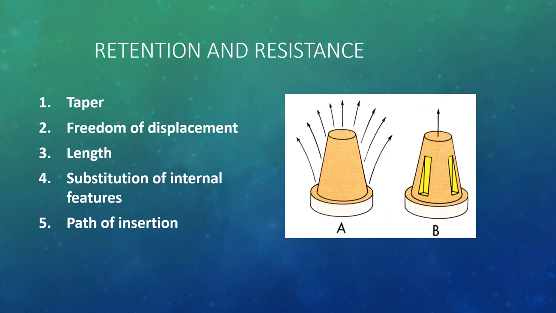So the amount of taper given in anterior and posterior teeth is important. It ranges from 2 to 3 degrees, 3 to 6 degrees, guys. So what's the amount of taper which has to be given, and how is the tooth supposed to look? That is important.